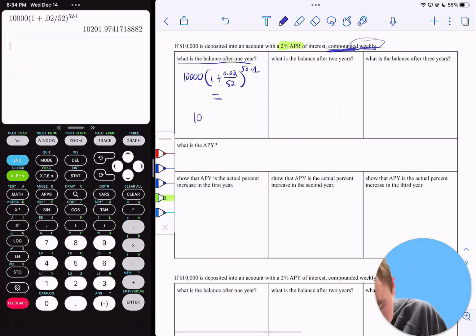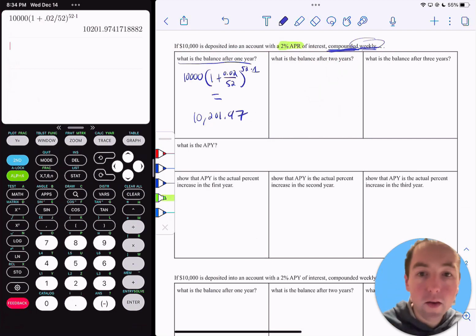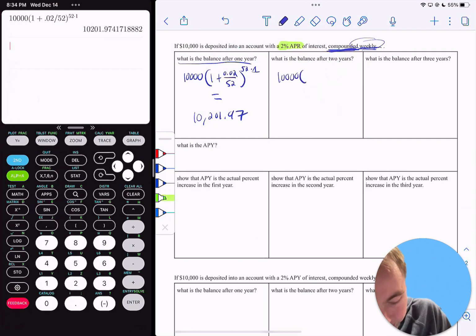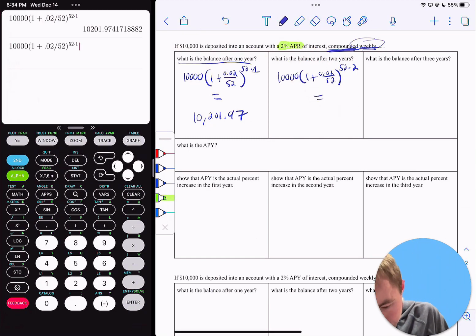And it gives us that amount right there. So we only made it to 97 cents. All right, excellent. So if we wanted the balance after 2 years, it's almost the same. The only thing I'm going to change is it's going to have a 2 instead of a 1, right there for 2 years. So I'll type that in here. We just got to change that to become a 2.